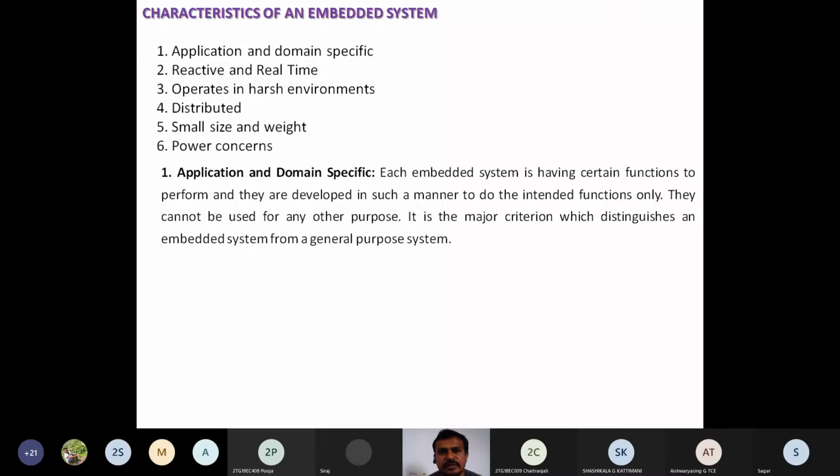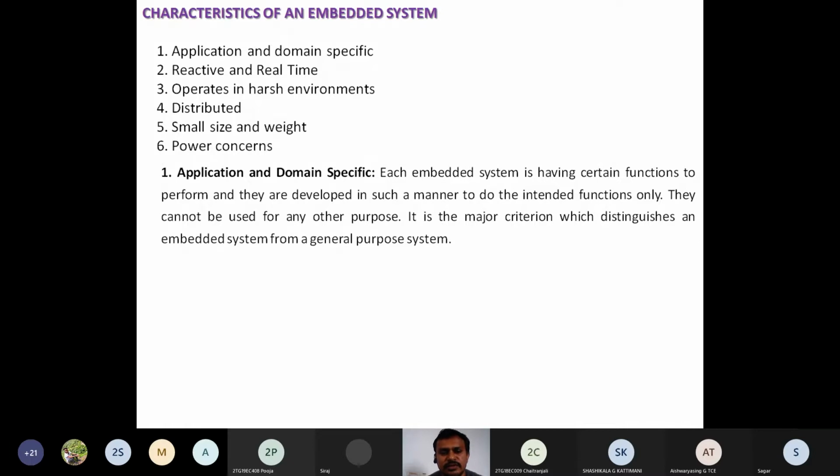So it is intended to do a specific function only, and it cannot be used for any other purpose. Obviously, when it is specifically designed for a specific function or task, it should not perform any other task. It is the major criterion which distinguishes an embedded system from the general purpose system.